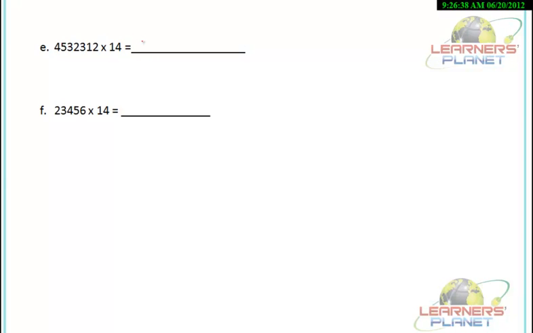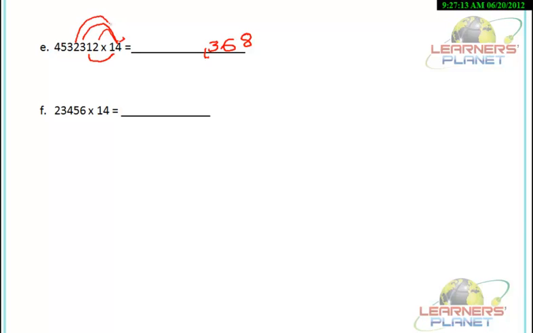Now let's take another example. Here we see 4532312 into 14. Definitely the number is bigger, but we have to calculate it. We will calculate it very easily, but we have to be very careful. Okay. In this case, 2 fours are 8. Then 1 fours are 4 plus 2, 6. Then 3 fours are 12 plus 1, 13.